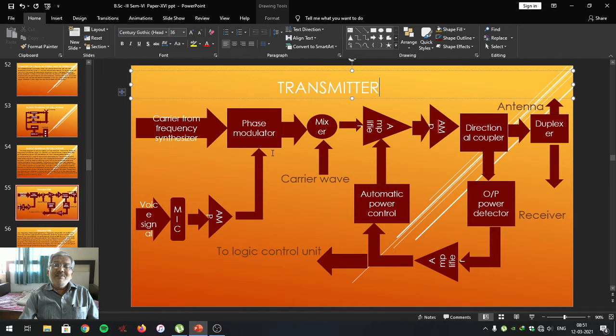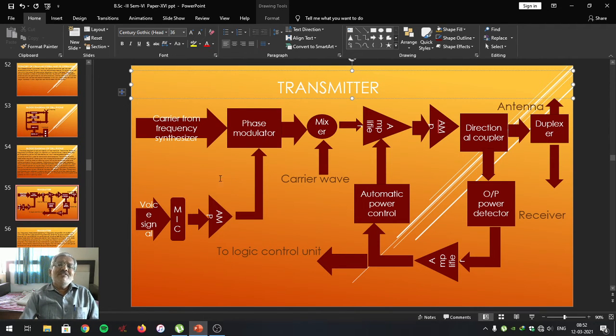Dear students, in the linear integrated circuit paper, we have studied PLL, that is phase locked loop. That contains the phase detector, where two frequency signals are going to be compared, and at the output the error signal is generated in case of PLL.